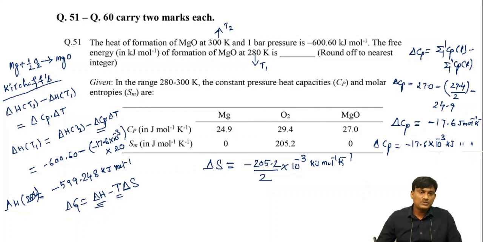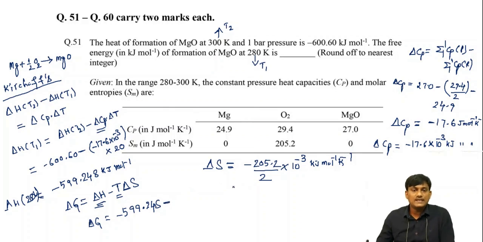So when you substitute these values, delta G is equal to delta H minus T delta S, that is minus 599.248 minus delta S value. Okay, what is the delta S value you will get?